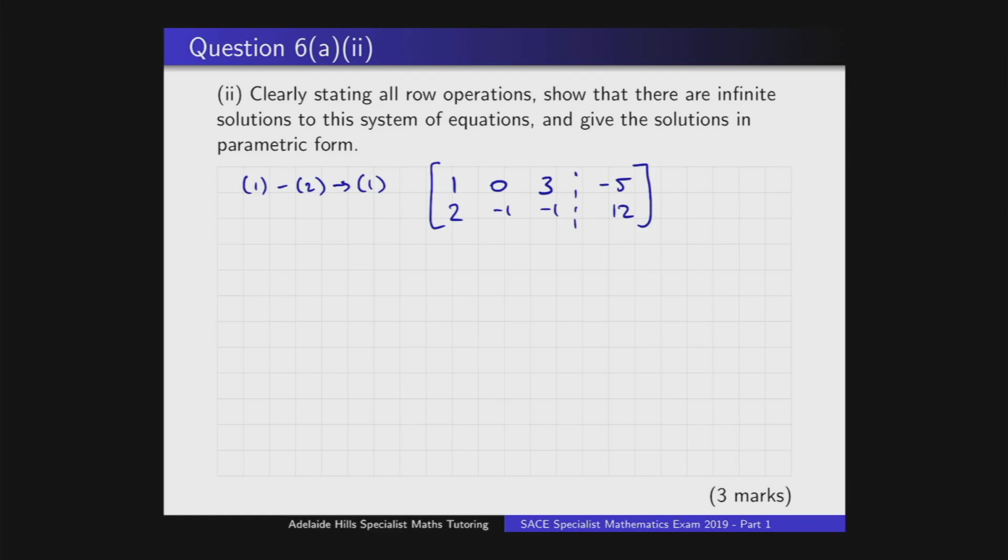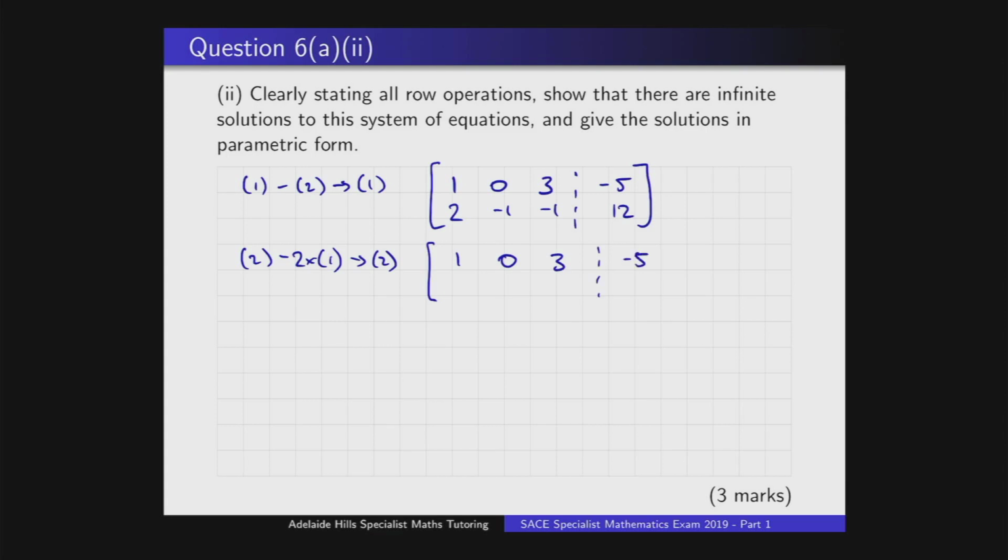Still we can't do much with this. We need to put it into reduced row echelon form, which means we need to get rid of that 2 in the bottom left entry. So we're going to take the second row, subtract off 2 times the first row, and put that into the second row. The first row hasn't changed from this row operation.